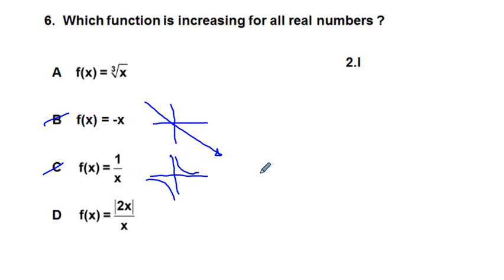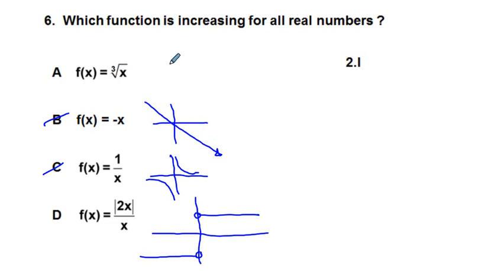This next one here, I forget exactly what it looks like, but it's going to look something like this. And so we're going to have, I think to the right, I think it looks like this. So this one here, we have this jump discontinuity, not increasing nor decreasing, but constant, except right at x equals 0.